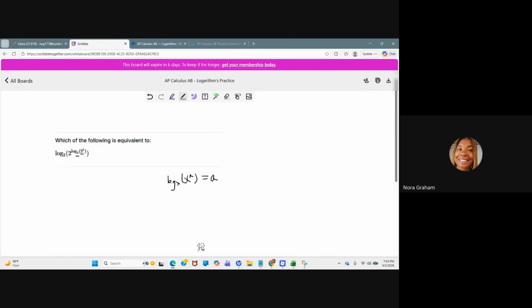All right. So what we can do is deal with the inside first. So this inside portion right here, log base 2 of 2 to the 7, using this property right here.